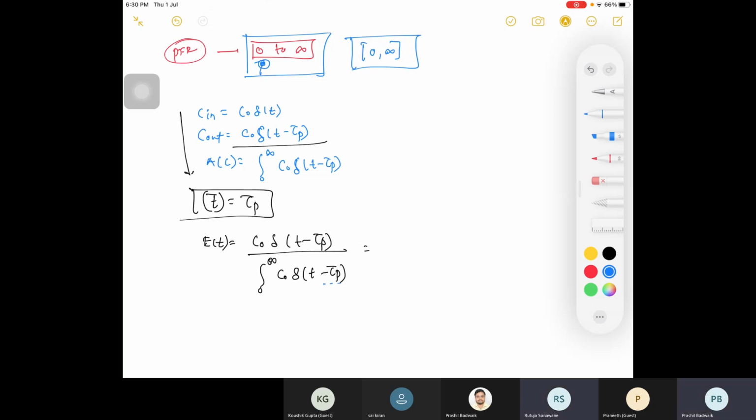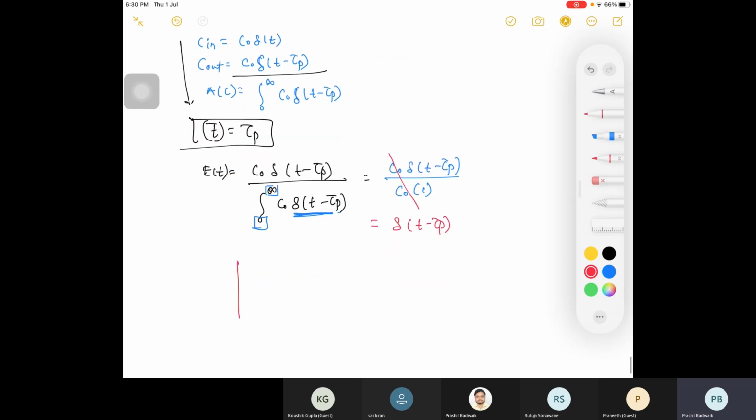Tau p, is it in 0 to infinite? Right, so we will be having C naught because tau p lies between these two values. So C naught del of t minus tau p will be there, divided by C naught. And what is this integration? That is 1. So this will cancel. What is your value? Del of t minus tau p.